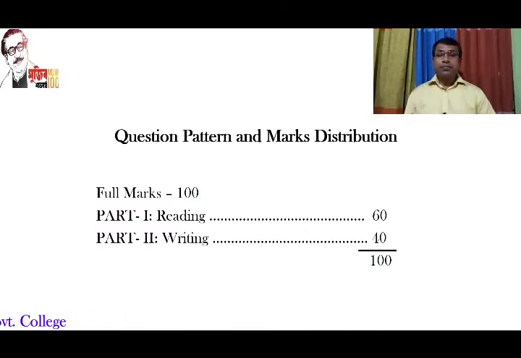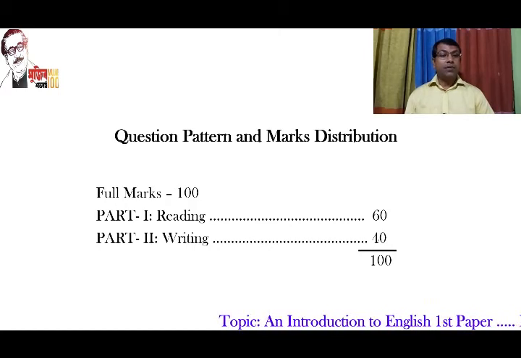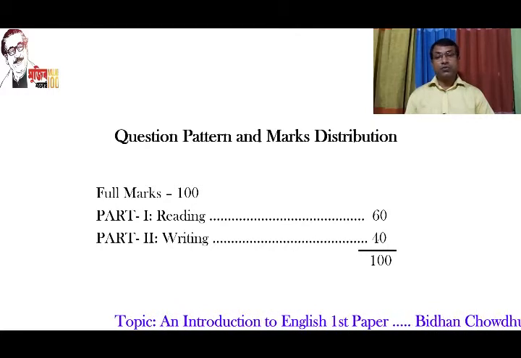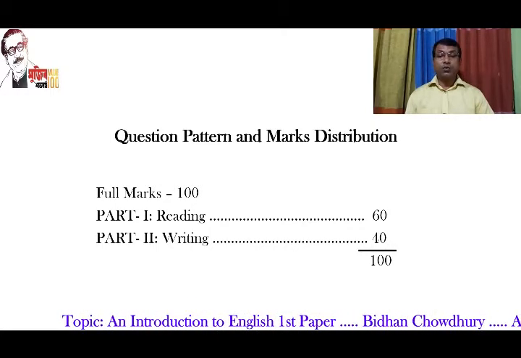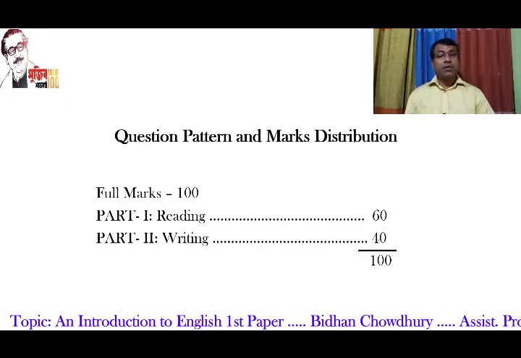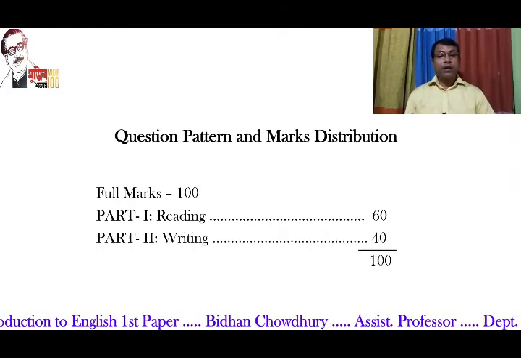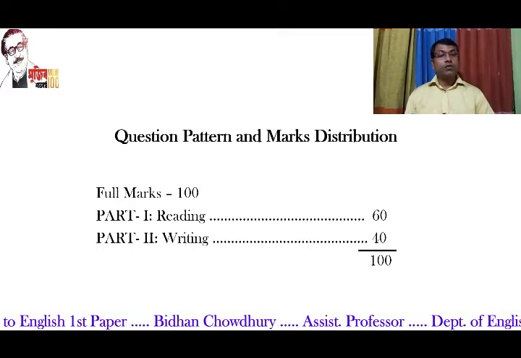Here in this slide, you can see question pattern and marks distribution. You know, in English first paper, we have 100 marks, and these 100 marks are distributed in 2 sections. That means, dear students, English first paper question is divided into 2 parts, part 1 and part 2.